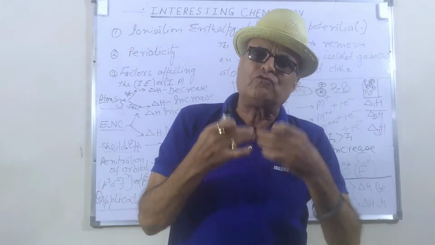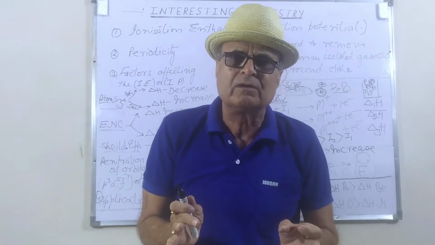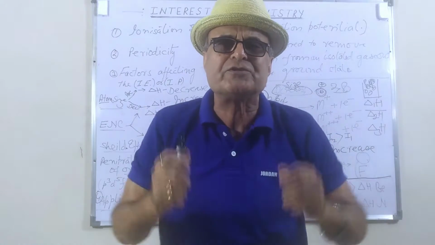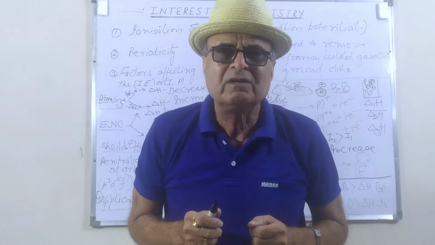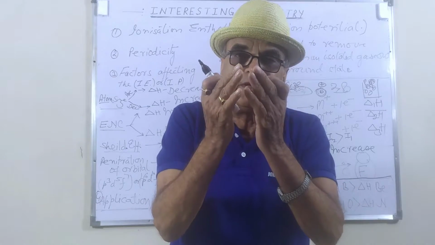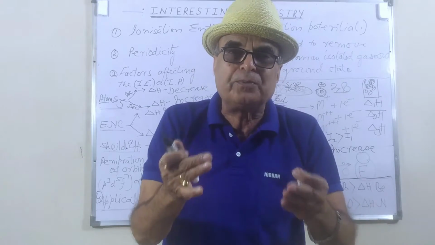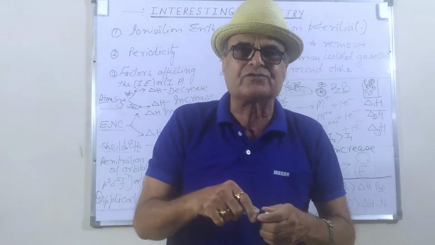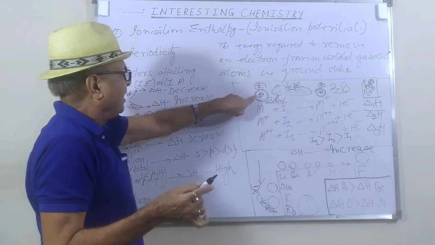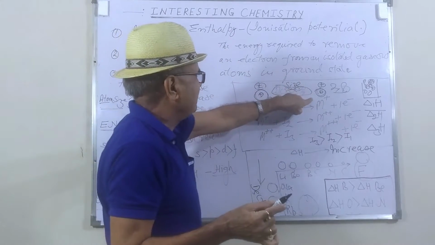My watching effect is constant, but the effect of my watching will decrease for the last bencher students. In this way, that is called ENC, the effective nuclear charge. So in this way, the size will decrease.